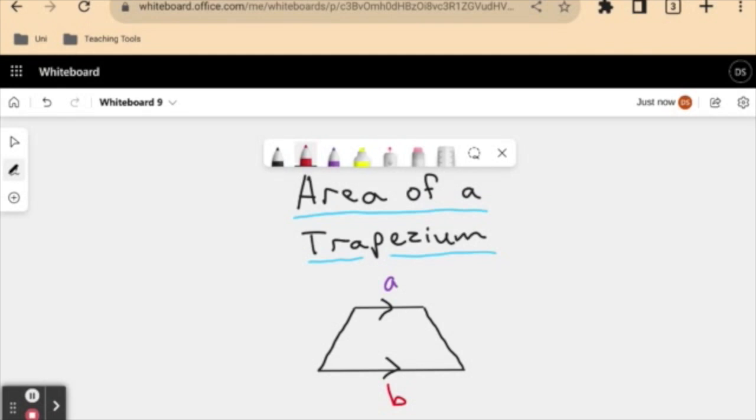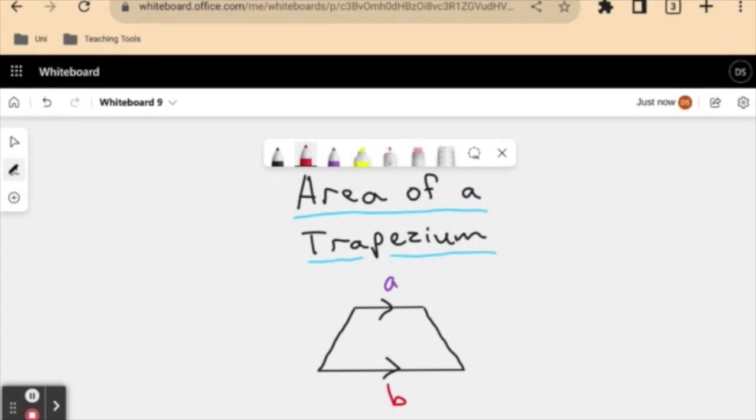So I'm going to get you to think back to the last video in which we looked at a parallelogram. Are there any similarities? Well, maybe not similarities, but can you think of maybe a way that we could make this trapezium into a parallelogram of sorts?